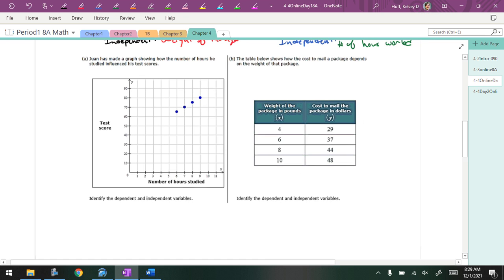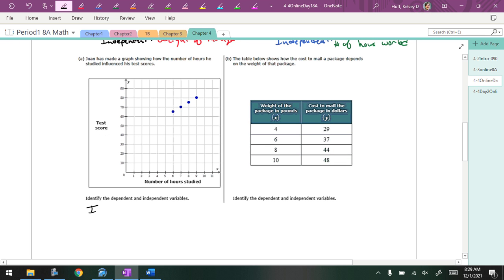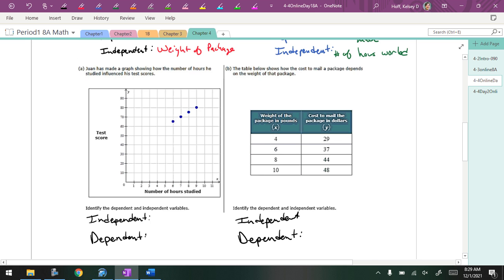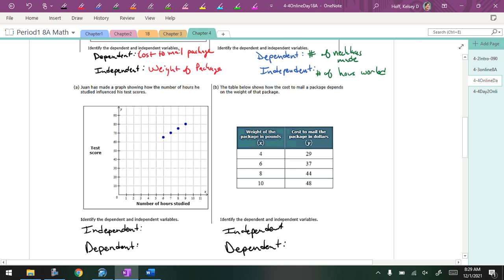On both of these, I want you to tell me what the independent and the dependent variable are. You need the independent and the dependent variable. Write your labels.